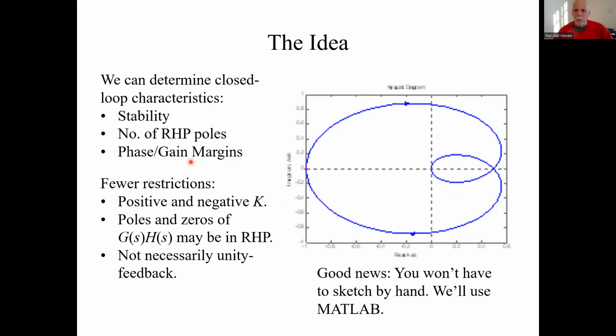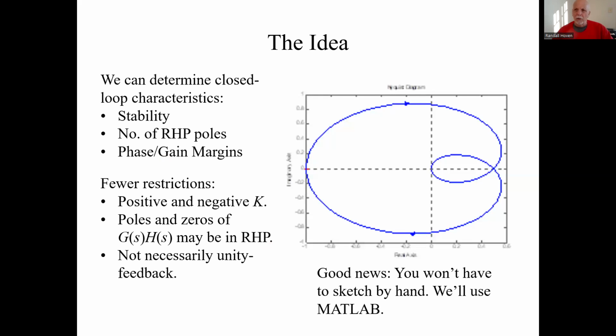We talked about that with Bode plots. I'm not going to cover that in my course for Nyquist, but we're going to be doing these top two bullets here. It has fewer restrictions. We can look at all k, positive and negative, so it's unlike both Bode and root locus. Both the poles and zeros of that loop transfer function may be in the right half plane.